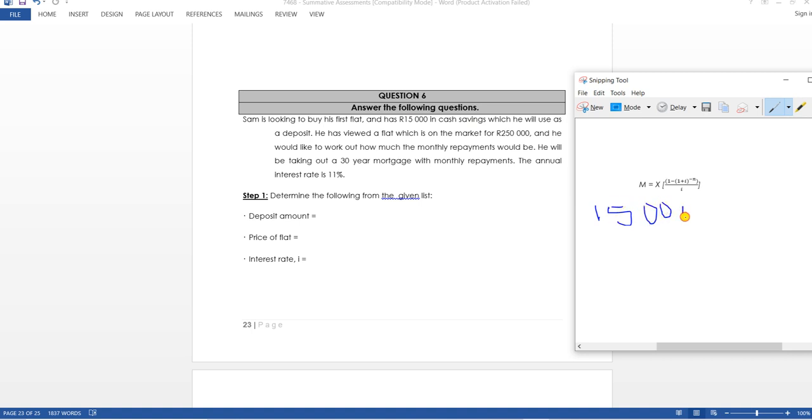Price of flat, it's 250,000. And the interest rate is 11%, which would be 0.11. Yes, 0.11.